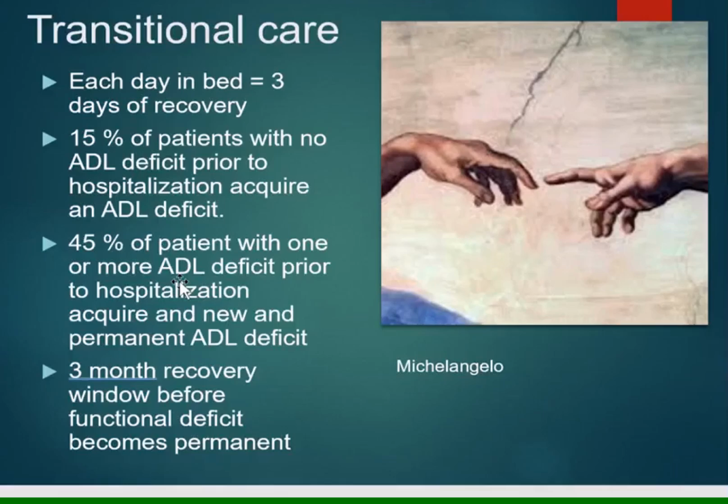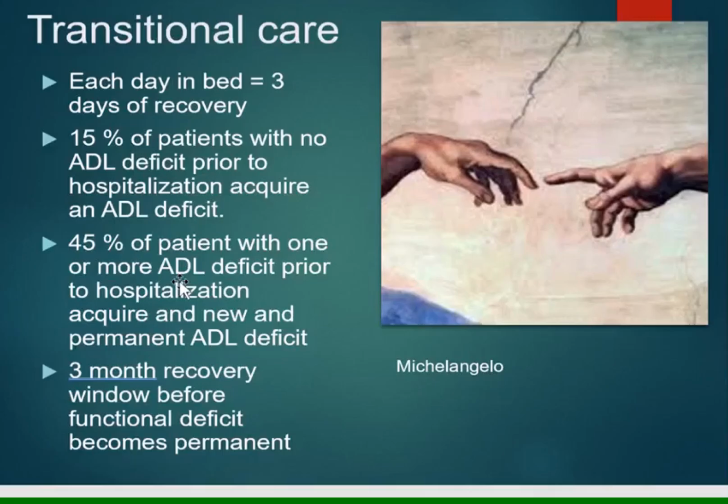Those patients with one or more ADL deficits prior to hospitalization, 45% of those will acquire a new and permanent ADL deficit. So basically, if you go into the hospital with one ADL problem, you're going to leave the hospital with an additional problem, and it's most likely to be permanent, part of that spiraling downward cascade of functional impairment.